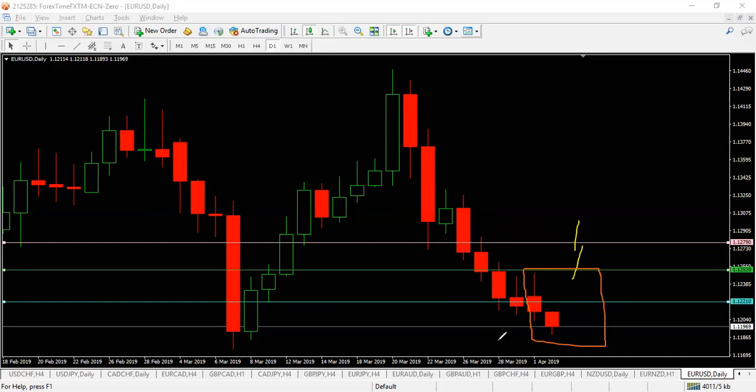So how do you decide your trade with this pivot? Since price is below the monthly and weekly, it gives you an indication that you are bearish. So you are bearish.